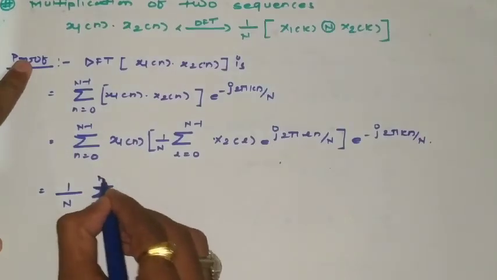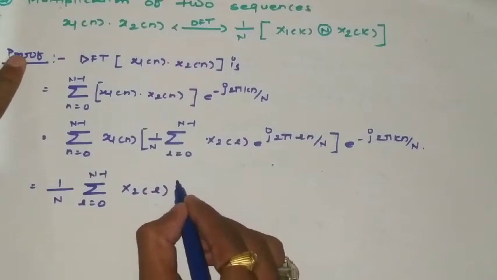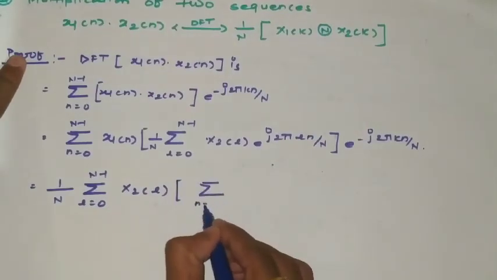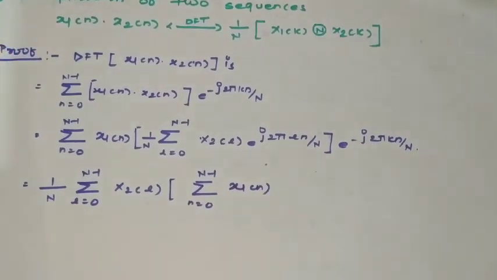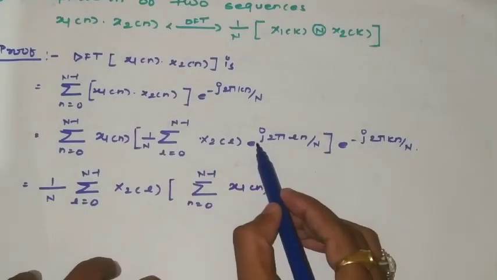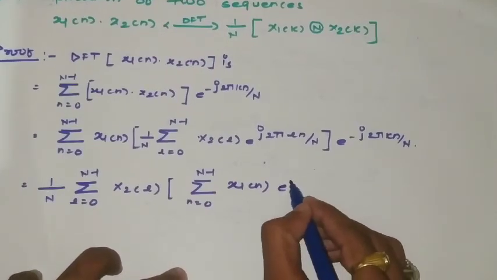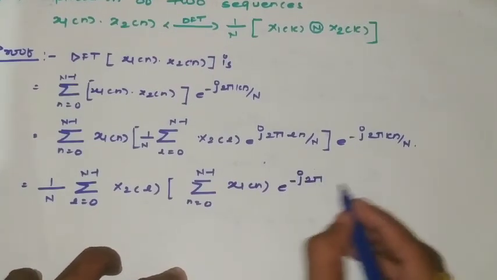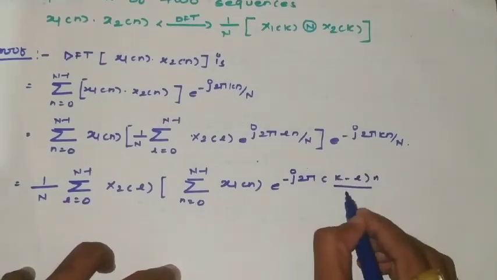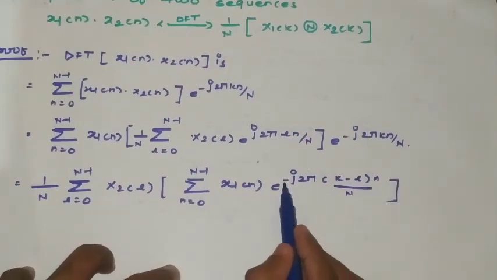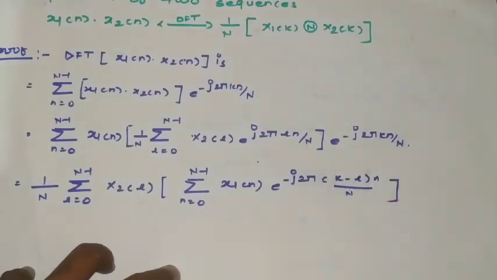This is summation L from 0 to n minus 1, the respective term is x2 of L. Now the remaining terms we will arrange. This is summation n from 0 to n minus 1 of x1 of n. Now here when we observe this term, we can take the power in common because the base is the same. So if you take e raised to minus j 2 pi as common, this term will be written as (k minus L) n divided by capital N. You can see it here, this becomes minus k, already the term is here, and this is plus L, this term is already available.